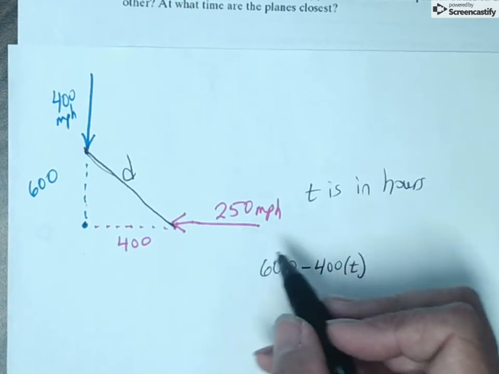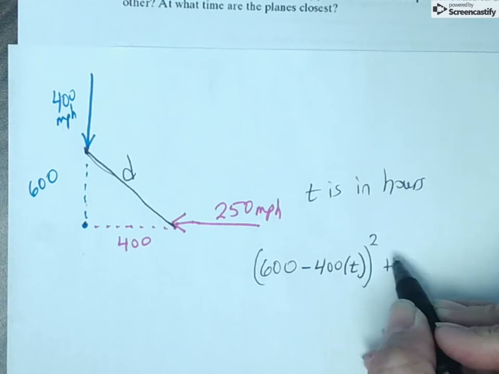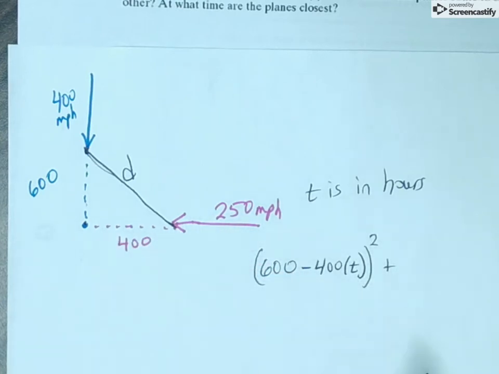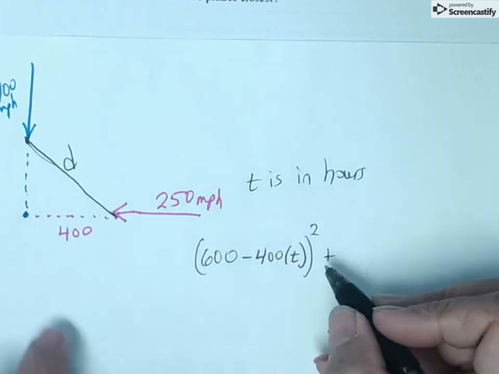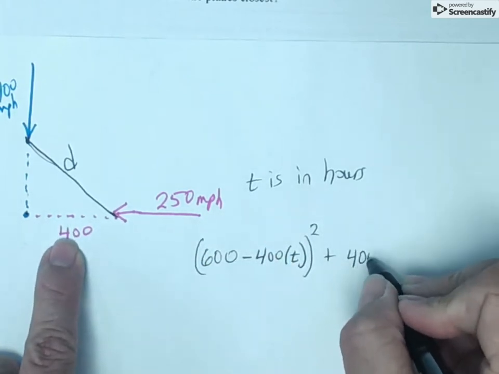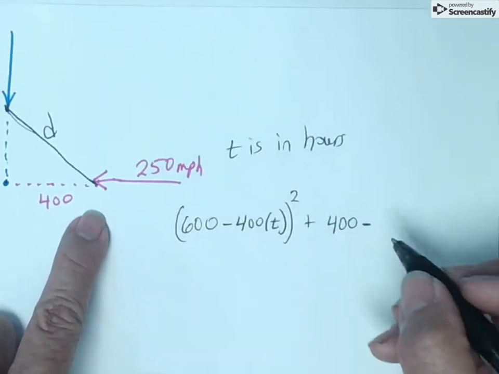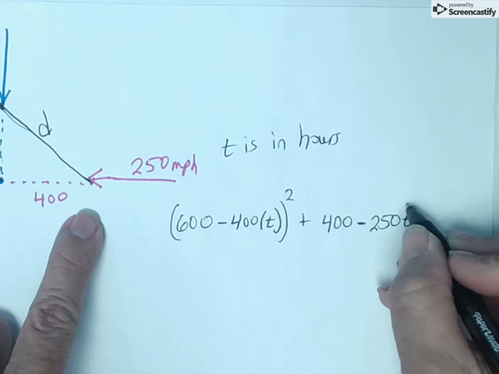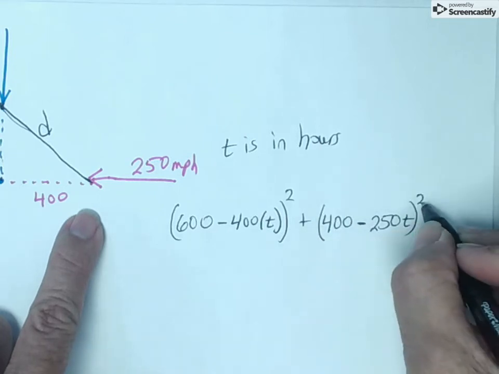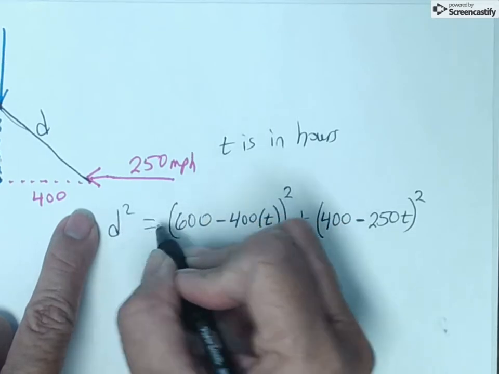Okay, and Pythagorean theorem says that this leg squared plus this leg squared will give me the distance squared. So this leg, we're going to do the same sort of thing. It's 400 miles, and we will have to, again, subtract however fast we're going. So 250 miles per hour multiplied by the time, and we'll have to square that. So that is my distance squared.